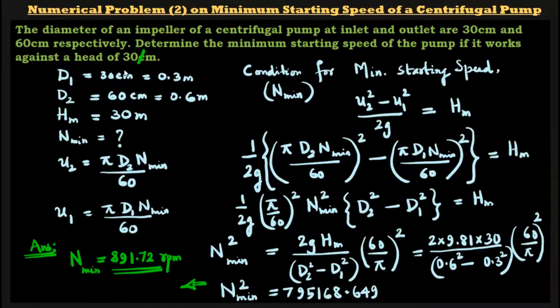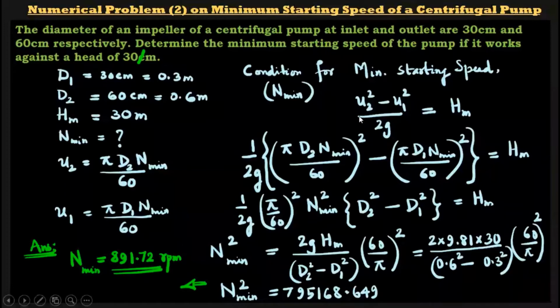So this problem is straightforward, in fact, but primarily you have to make use of the original condition for the minimum starting speed rather than the equation we derived for the minimum starting speed in terms of VW2, manometric efficiency and the impeller diameters. We will use the original condition for minimum starting speed, the limiting case. What is that condition for minimum starting speed?